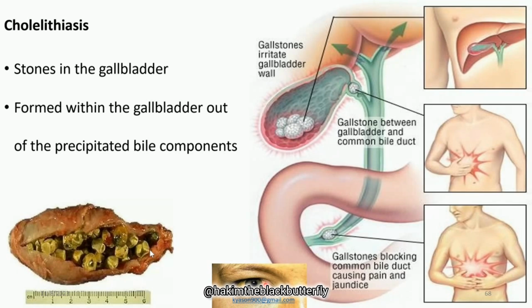Because steatorrhea, unconjugated, conjugated, all these things are within that chapter that I told you to read about in that textbook. It's a very important chapter. It has a lot of details regarding liver physiology, gallbladder physiology, and bile physiology.